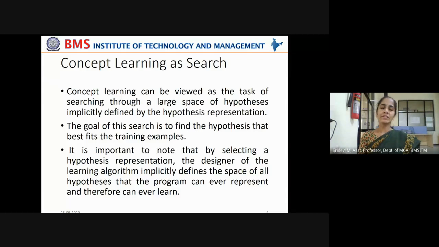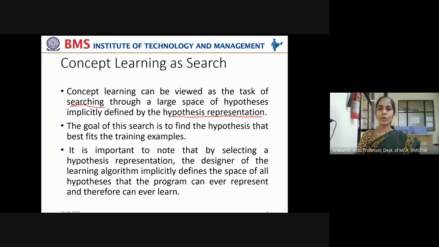Now let us start with how the concept learning task is treated as a search problem. Concept learning can be viewed as the task of searching through a large space of hypotheses implicitly defined by the hypothesis representation.